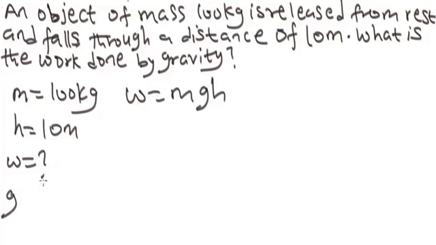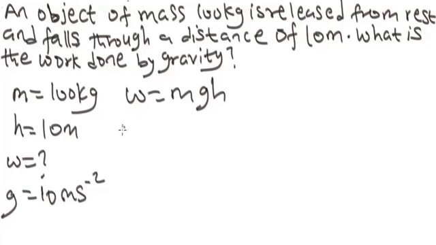So acceleration due to gravity here is 10 meter per second square. Since the object released from rest is falling, it fell through a distance of 10 meters. That means it was responding to gravity, so it should not be minus 10 meter per second square. If the object was thrown up, it would have been against gravity, and this would have been a negative number. Alright, so take note of that.